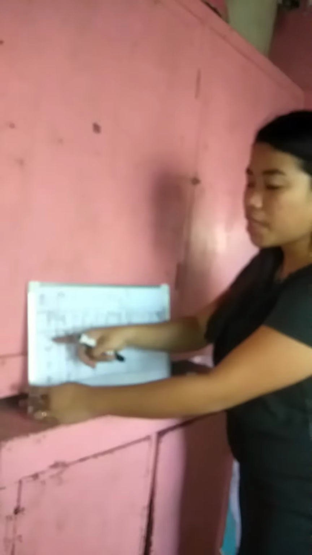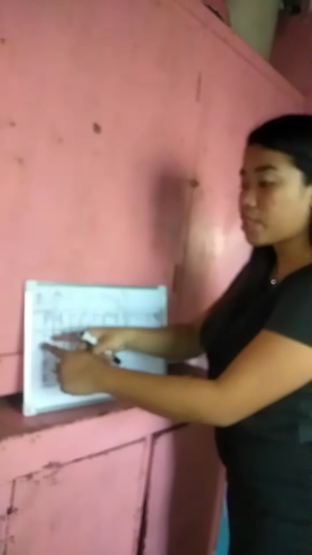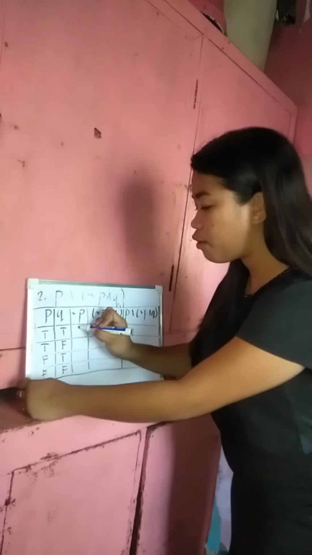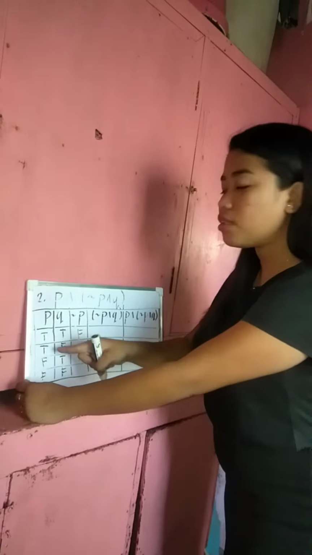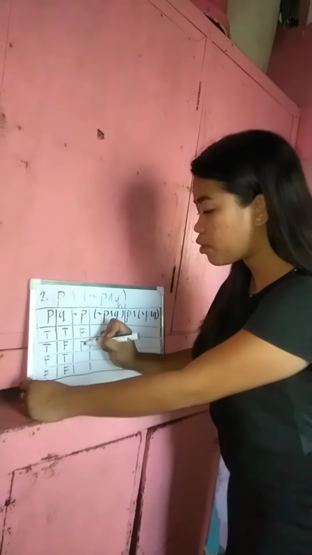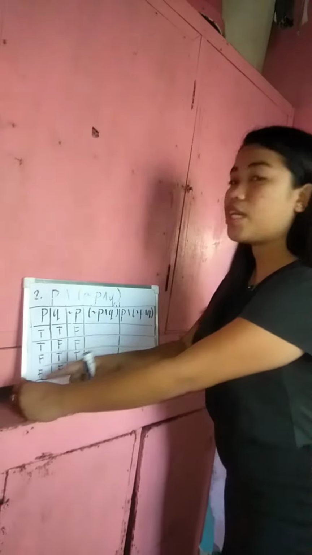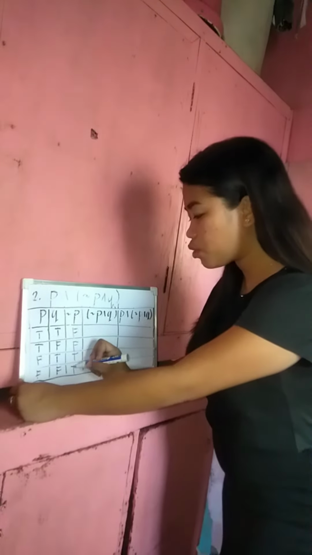Since P is true in the first row, the negation of true is false. And this one, the negation of this one is false because it is true. The negation of false is true, and the negation of false is true.